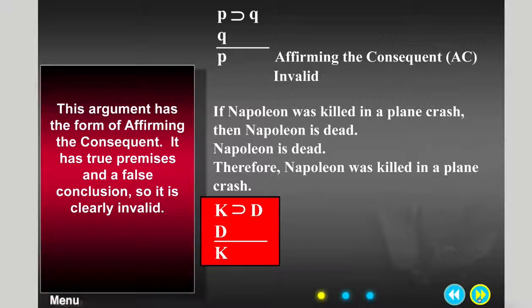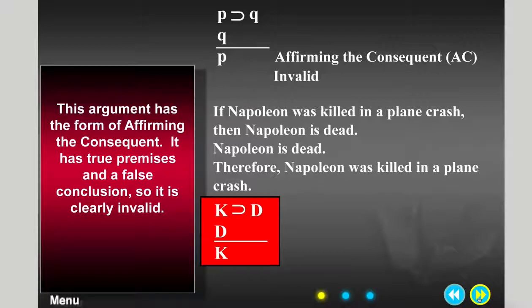And again, as I always say, A always comes before C. If you have a hard time memorizing which is the antecedent and which is the consequent, the antecedent is always before the consequent. We put a negation sign before the antecedent, so it's denying the antecedent, an invalid argument form. That's where it gets its name from.